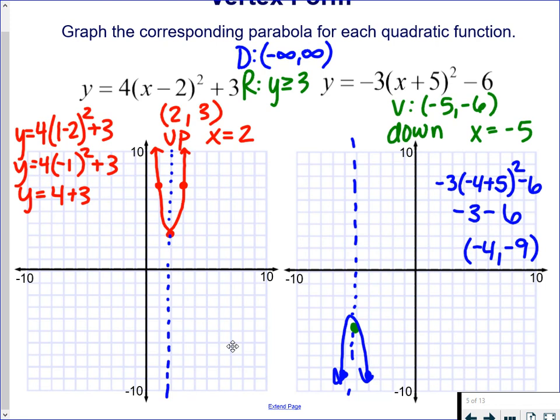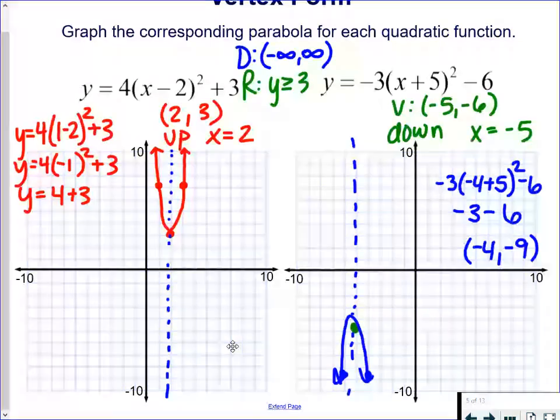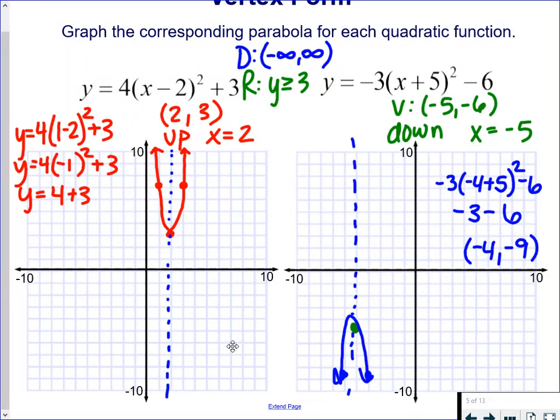Okay. So what's my domain? I knew y'all wouldn't believe me. -infinity to infinity. Every single time you do a parabola, all real numbers, -infinity to +infinity. It is a gimme point, just like your axis of symmetry. Copy paste.